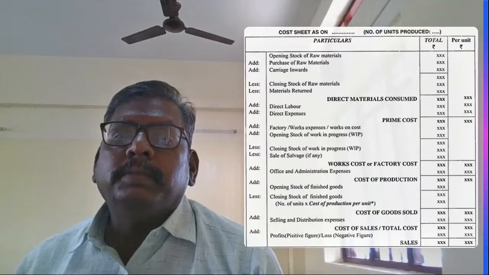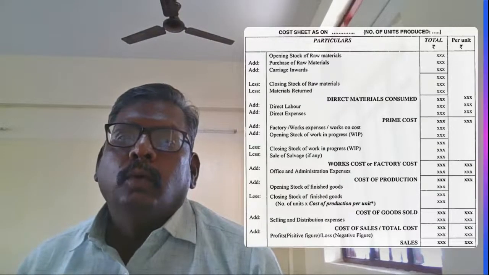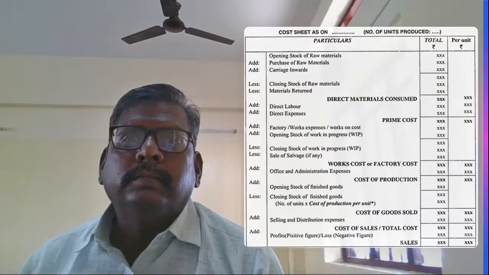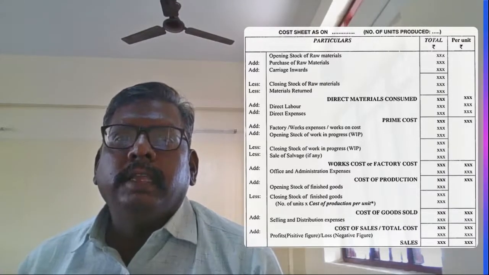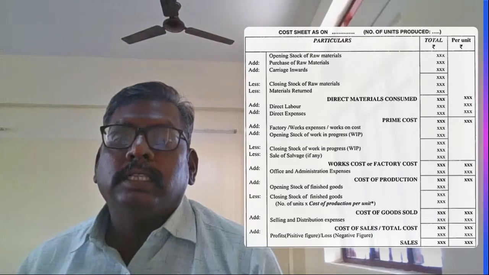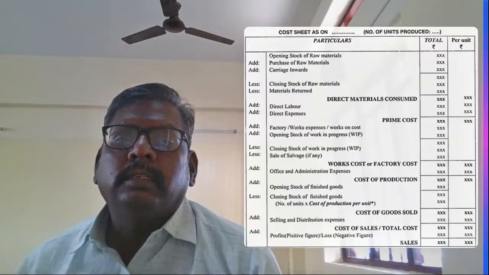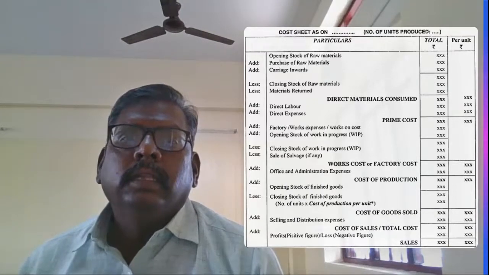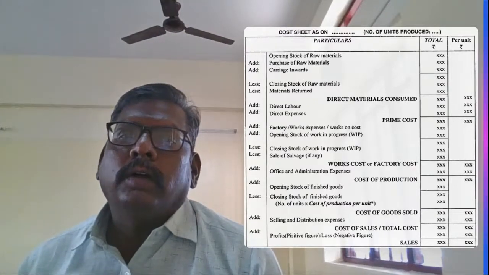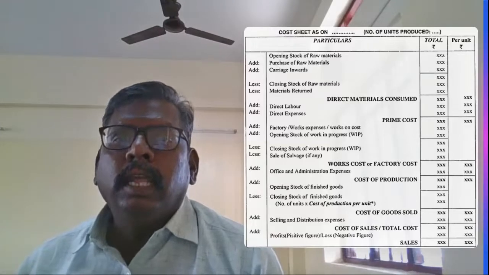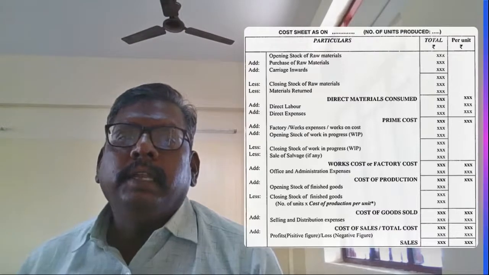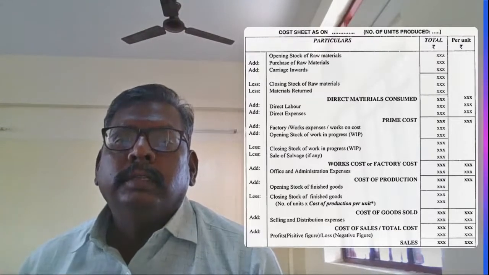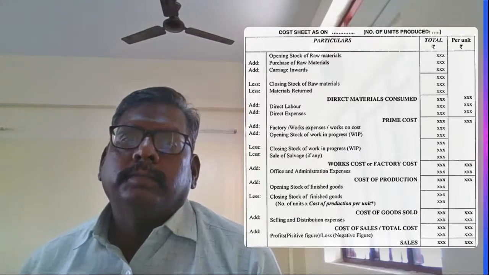The direct materials may be calculated this way: opening stock of raw materials, add purchases of raw materials, then add the carriage inwards, the amount you spend while purchasing, which is called carriage inwards. Then less closing stock of raw materials, then less materials returned, and we get the direct materials consumed, that is nothing but the direct materials cost.